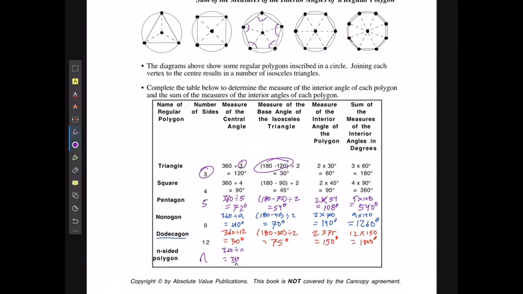If I take (180 minus 360 over n) divided by 2, then I can divide both terms by 2, the 180 and the 360, and I'm going to say that that's going to be the same as 90 minus 180 over n.